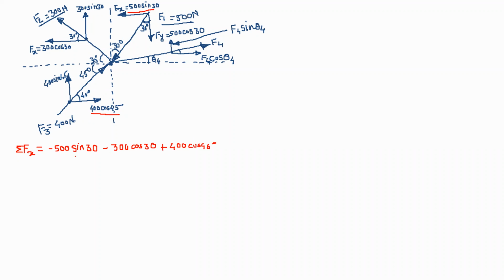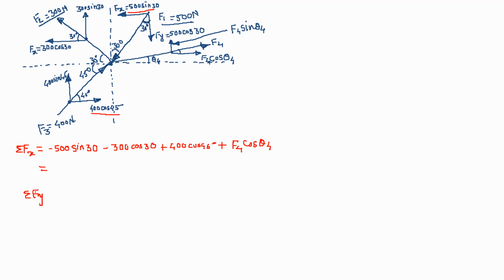Okay. So these three components are of the forces F1, F2, F3. Now consider the x component of unknown force, plus F4 cos theta 4. So find out this value. So if you have the calculator, then you can find out the answer.